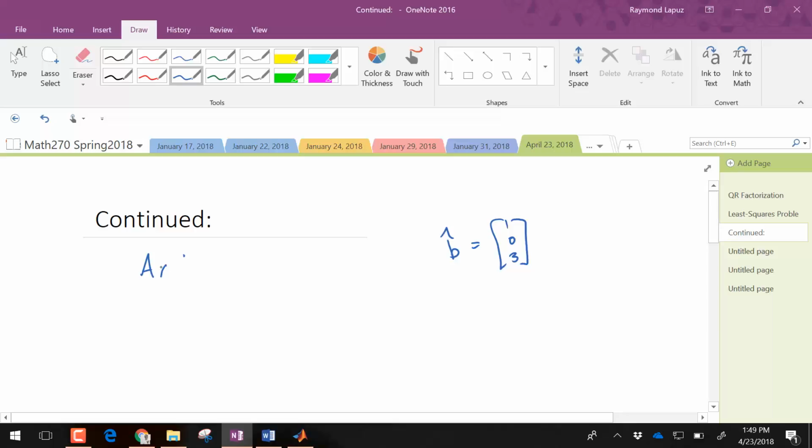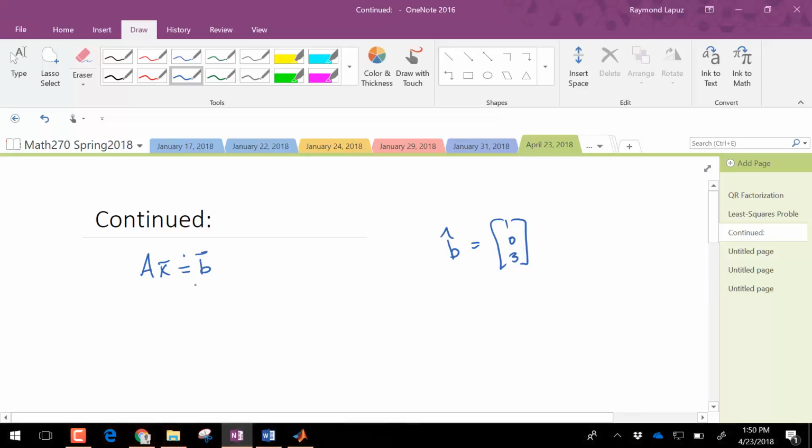So AX equals B, remember, was our original problem. So we have B hat minus AX is the smallest distance that we're looking for between B and B hat, right? This is like B hat minus B. We want this to be as small as possible.